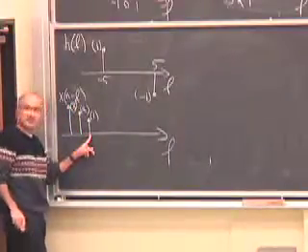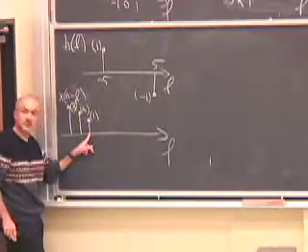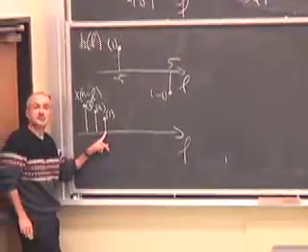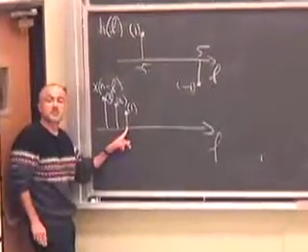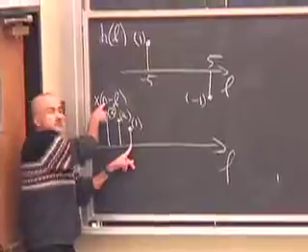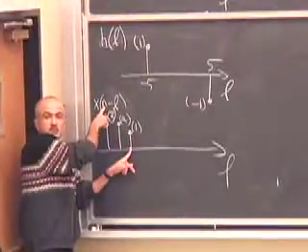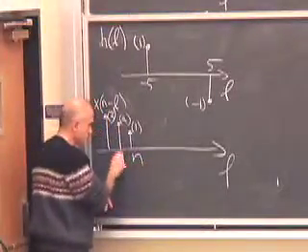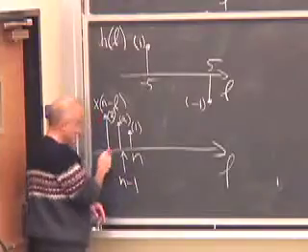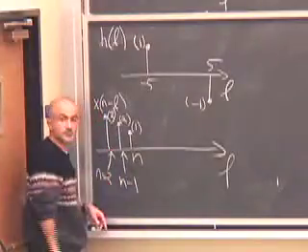Where would this front lollipop be? For a generic n, it would be at n. So this would be at n minus 1, and this would be at n minus 2.